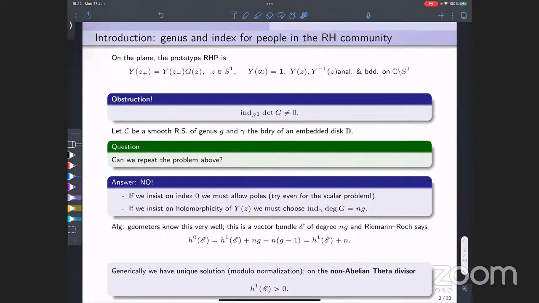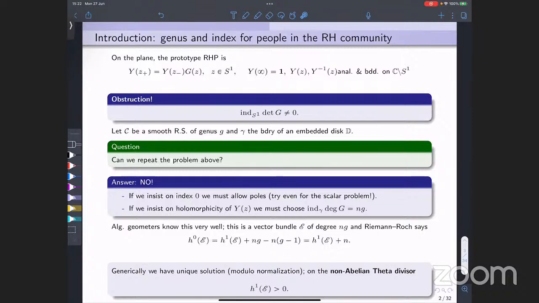The first hurdle is what you use for the Cauchy kernel, then you have to choose an appropriate Cauchy kernel, etc., etc. So even the scalar multiplicative Riemann-Hilbert problem is not trivial at all, and then immediately you are faced with this index issue.